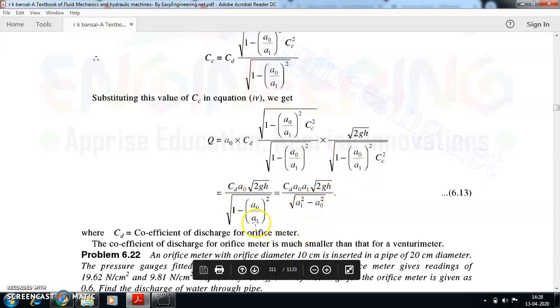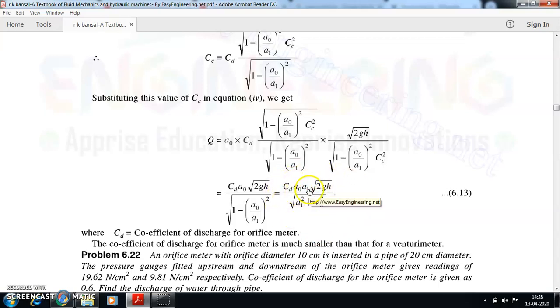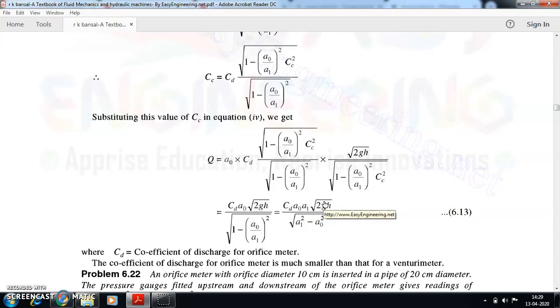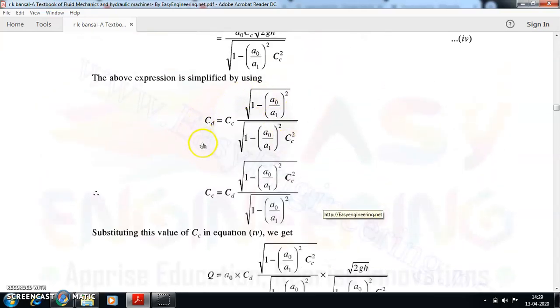Take A1 outside, it becomes A1 square, so A1 will come over here. The final equation will be CD A0 A1 root of 2GH divided by root of A1 square minus A0 square. So you need to do some simple mathematical simplification here. You need to remember the CD equation, this is very important.